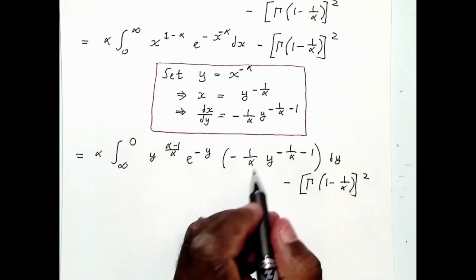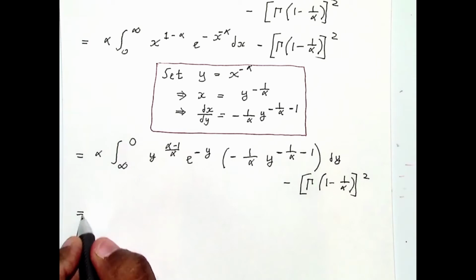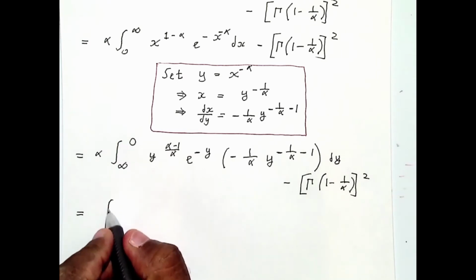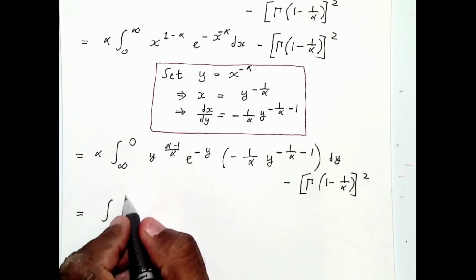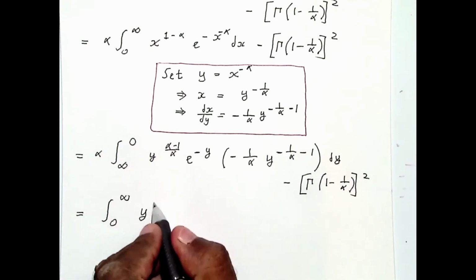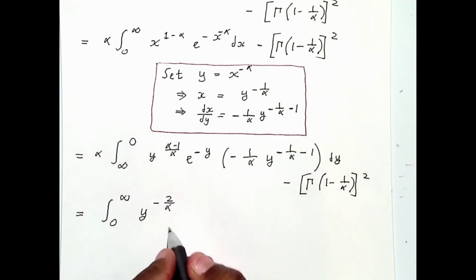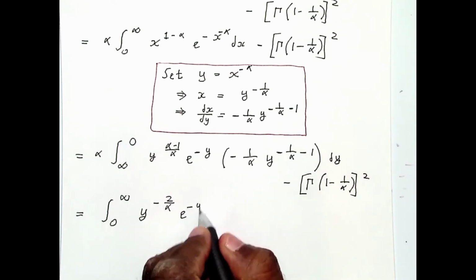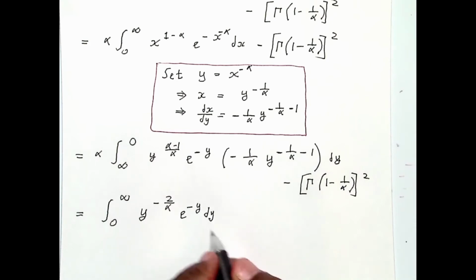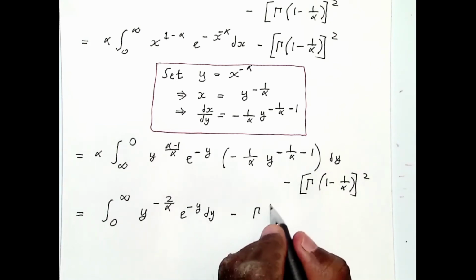These two alphas will cancel, and a few other things will also simplify. So you will get the following. The integral from 0 to infinity of y power minus 2 over alpha, then minus the square of the mean.